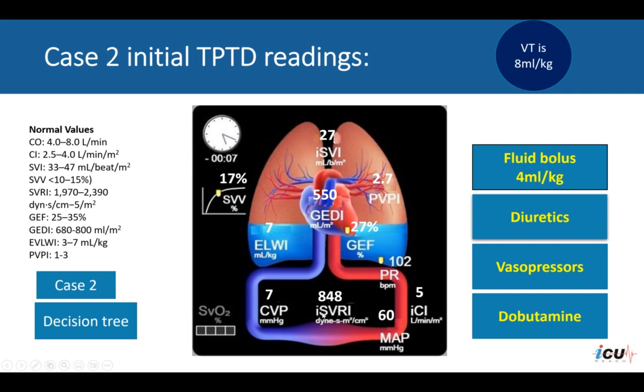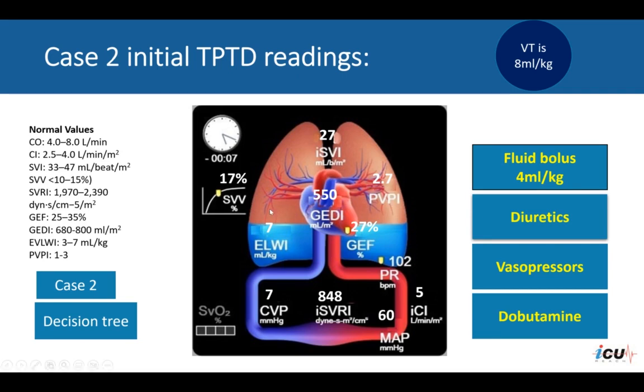Now looking at the afterload, his systemic vascular resistance index is decreased. So we have distributive parameters, distributive shock in a patient with lactic acidosis, of course, decreased preload, and cardiac function is maintained at higher limits or slightly increased cardiac index.